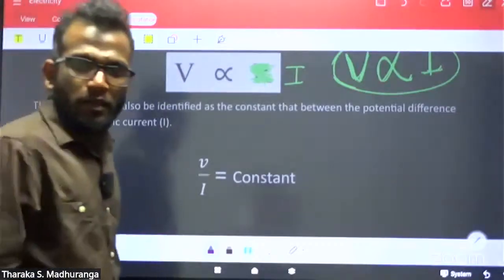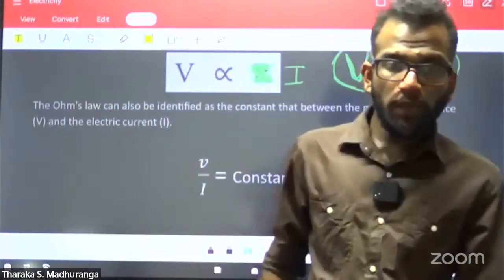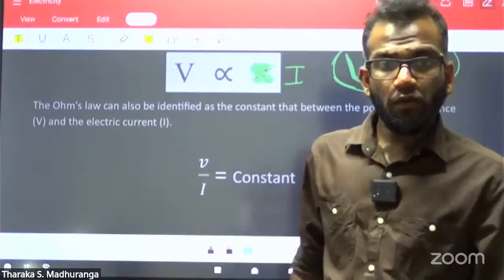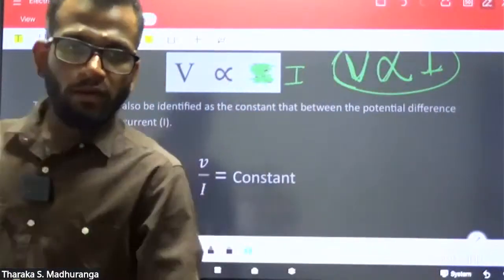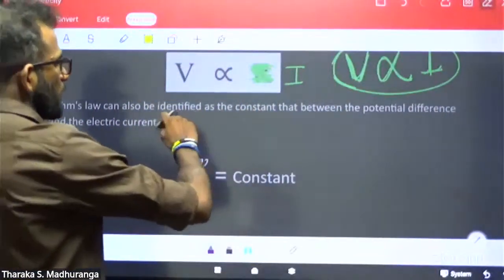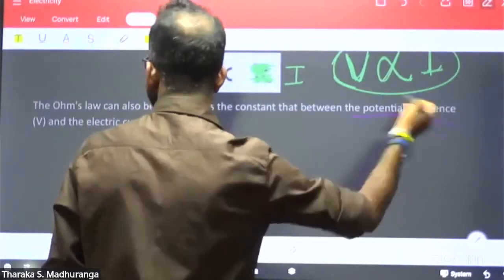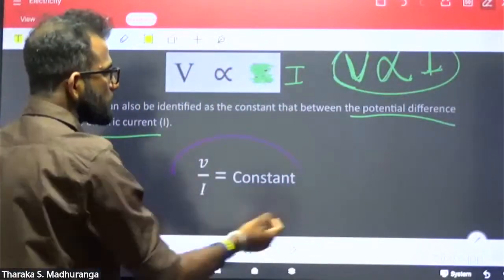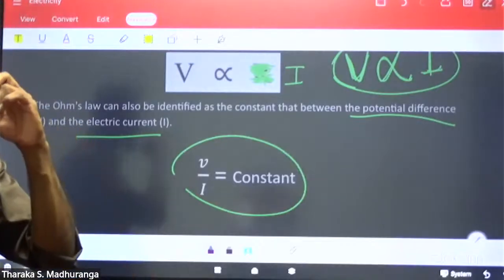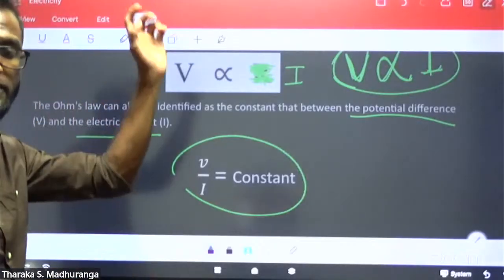Okay. Again, we can explain Ohm's law another way. The ratio between the potential difference and the electric current is a constant. V over I is a constant.